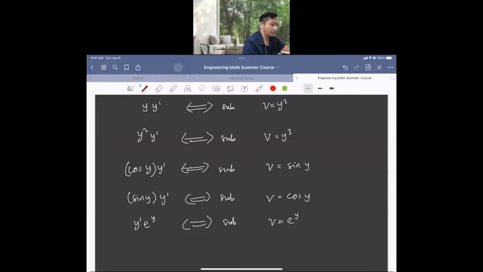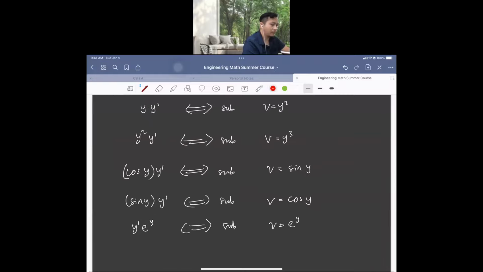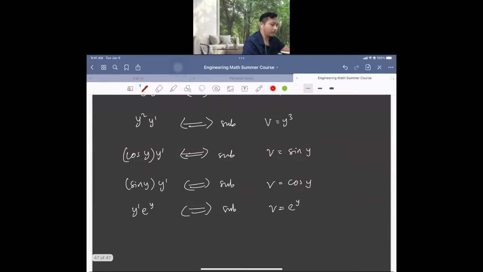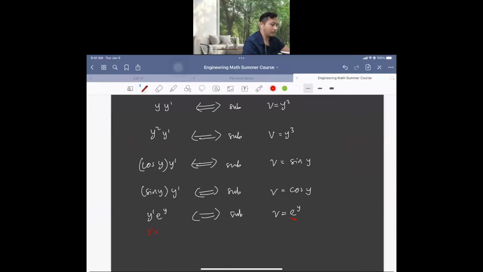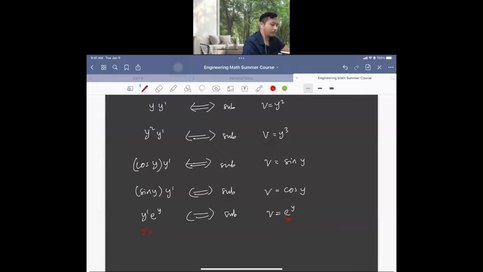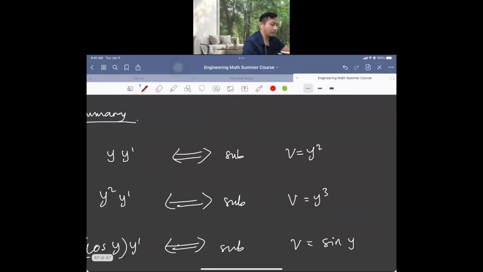Y prime e to the power of y, you can substitute v equal e to the power of y. If you imagine what is happening here, the way we substitute is, for example, this e to the power of y, if you substitute, it becomes y prime v. This is actually the idea. So when we have v equal y squared, then y is the square root of v, or you can check the phi prime.